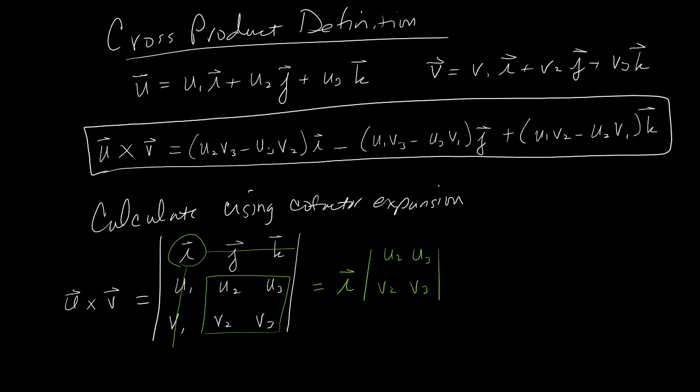Then we do the same thing with j. We ignore the row and the column that j is in, and this is minus j times the determinant of u1, u3, v1, v3.